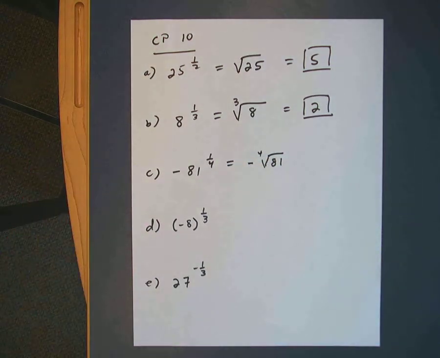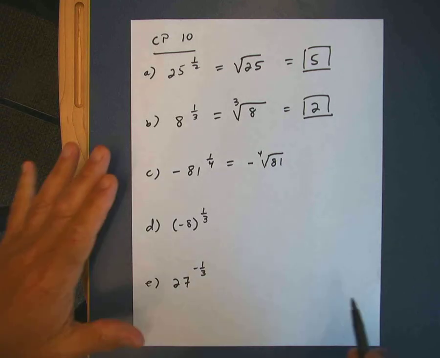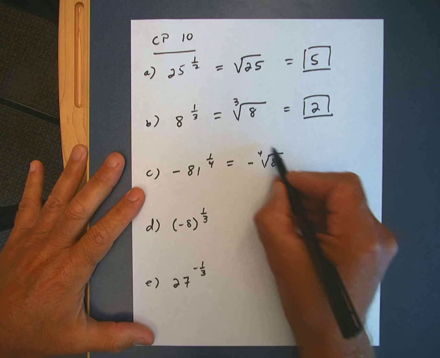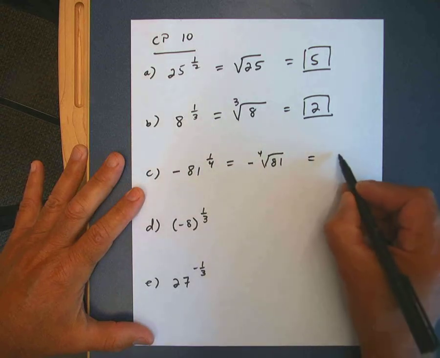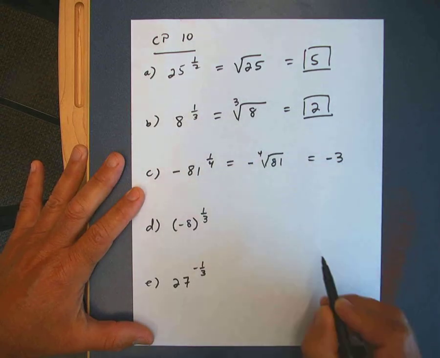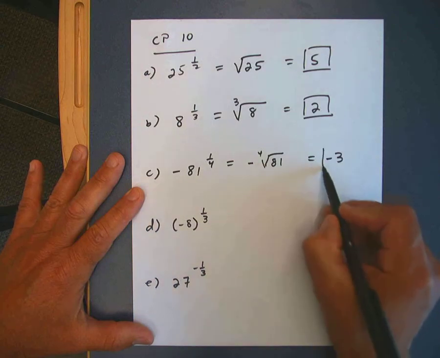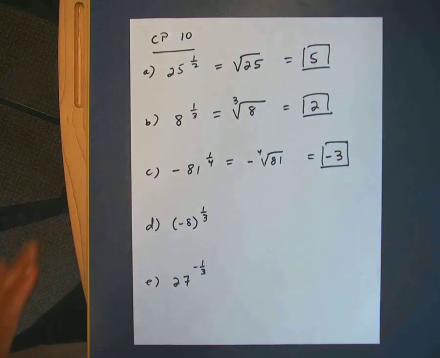So you'd end up with a negative number. Now, what number raised to the 4th power gives 81? It's not 2. How about 3? 3 to the 4th power: 3 times 3 is 9, times 3 is 27, times 3 is 81. So it is 3 to the 4th power. So the 4th root of 81 is 3, but then we carry the negative along from the original problem, and this is what we get.